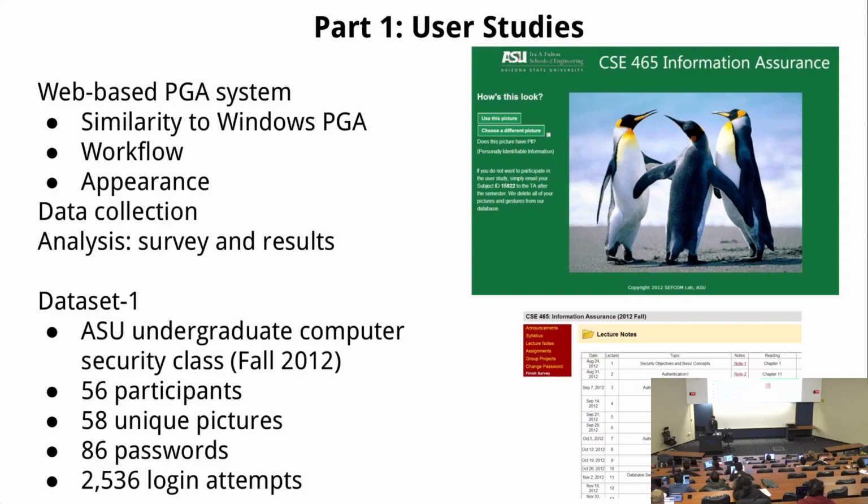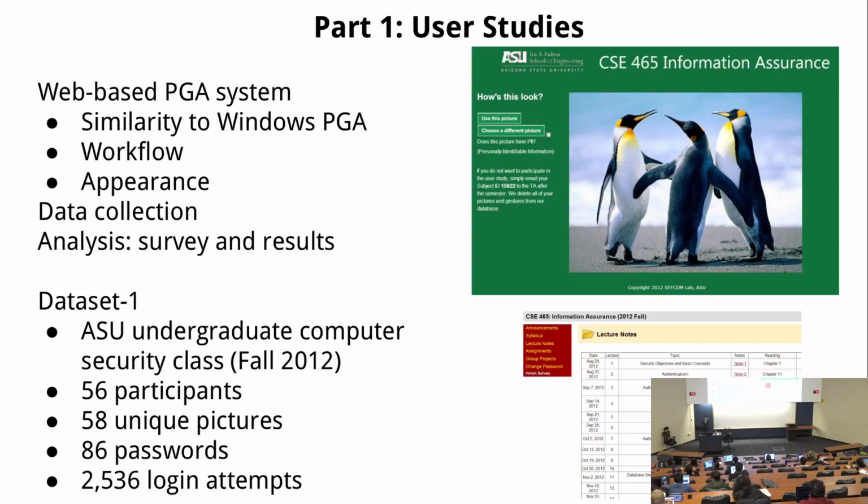So in that whole semester, those students had to use our website to get lecture notes, the homework, everything. They did not use something like Blackboard. So that semester, we didn't use Blackboard, and the students had to use our system. So we stored their passwords.